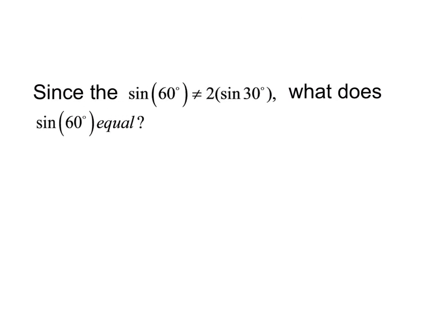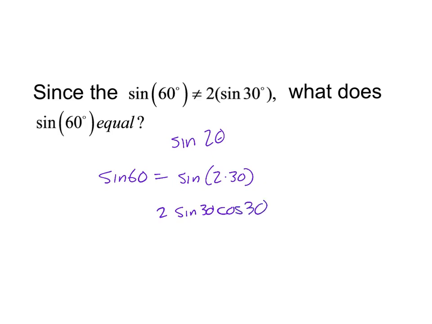All right, so sine 60 does not equal 2 sine 30. What does sine of 60 equal? So remember, we're looking at sine of 2 theta. Sorry, I don't know why I keep calling it pi. So you want sine of 2 times 30. So you want 2 sine of 30 cosine of 30.